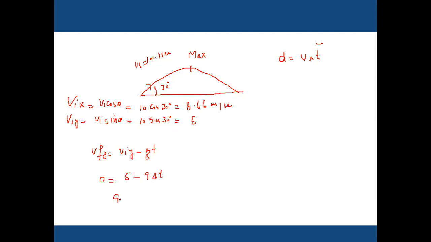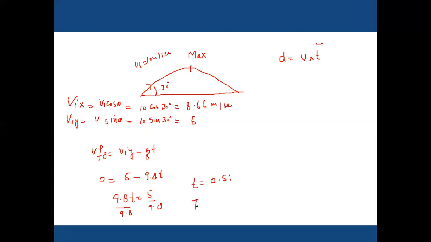When you transfer this, 9.8t is equal to 5. Dividing both sides by 9.8, time is equal to 5 divided by 9.8, which is 0.51. This is the time to reach maximum height.